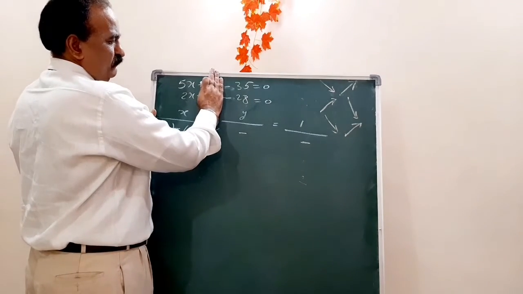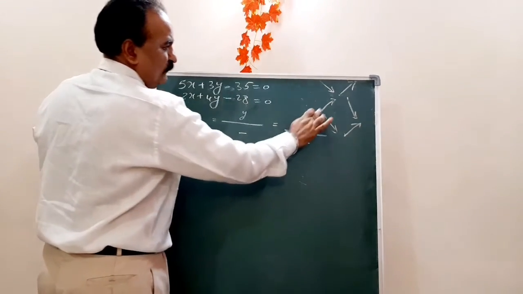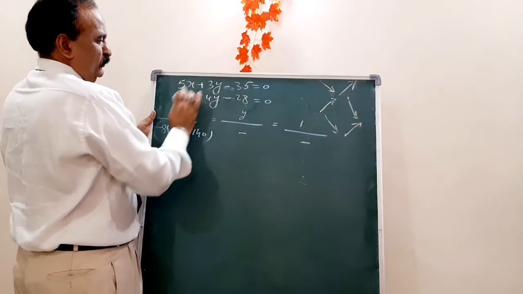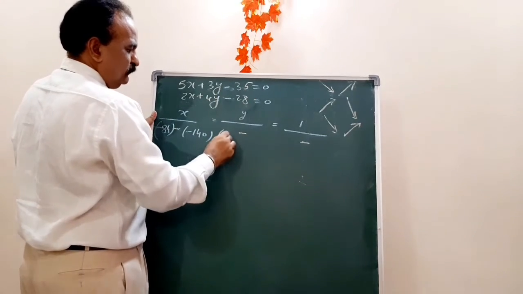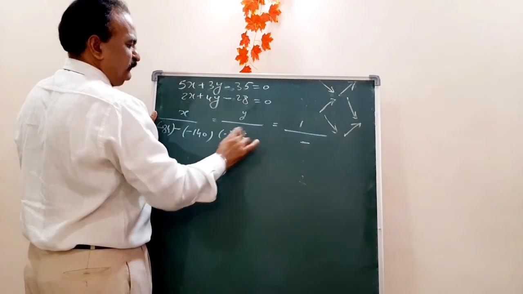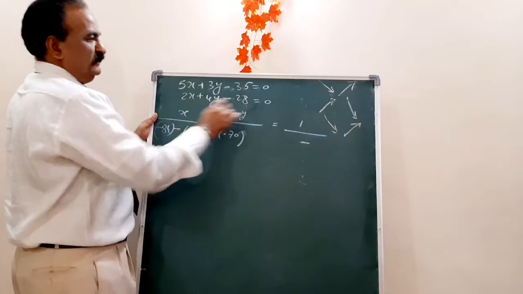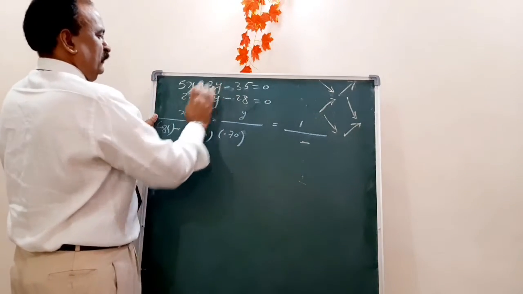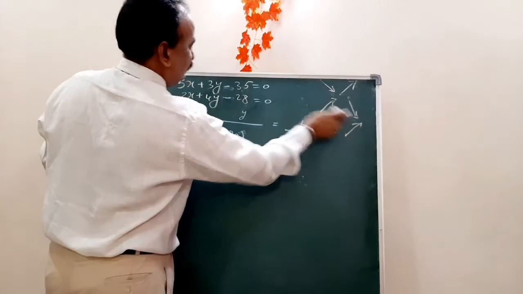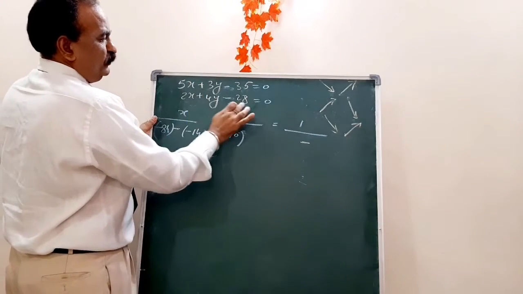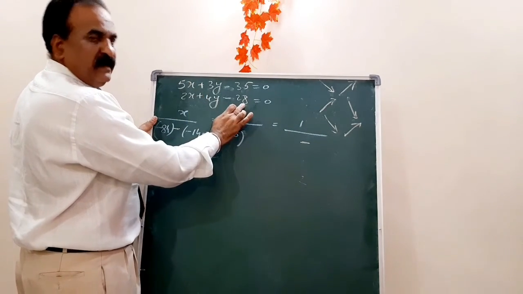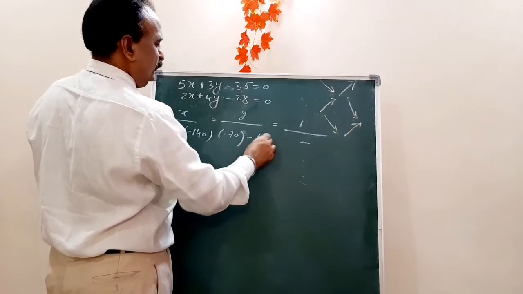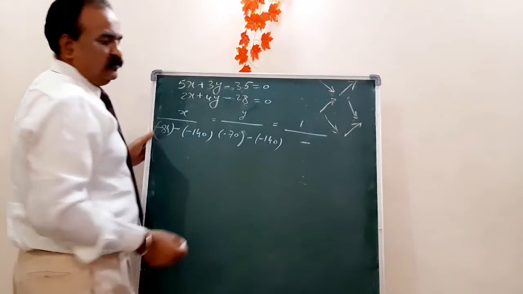Now close this. Y upon. Now you have to multiply this. So 2 into minus 35, minus 70. Now multiply like this. So 5 into minus 28, minus 140.